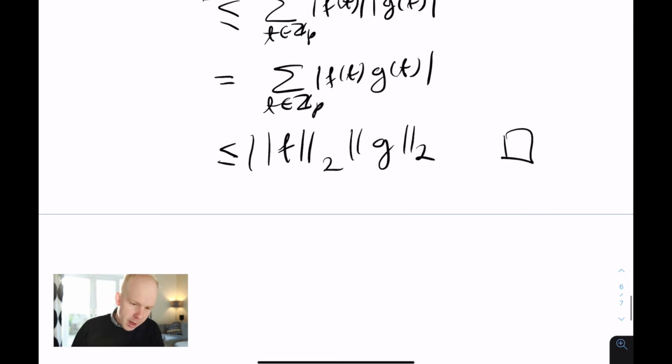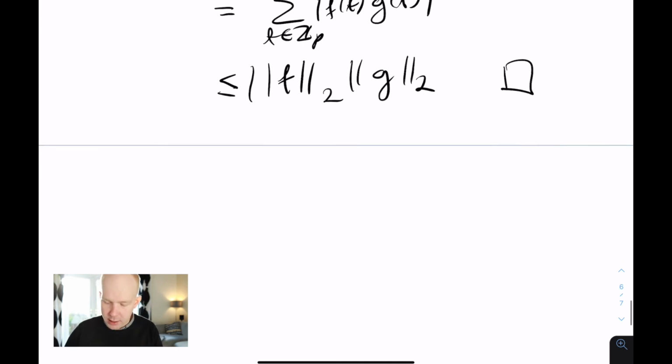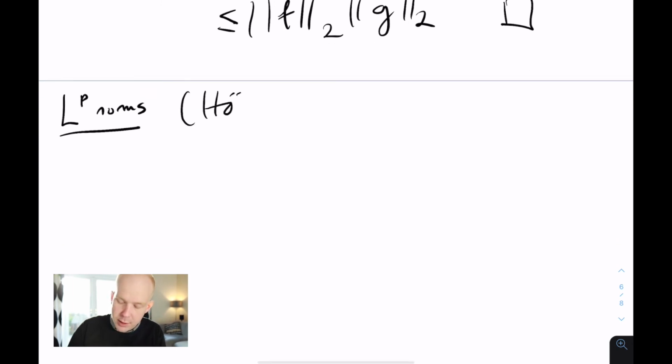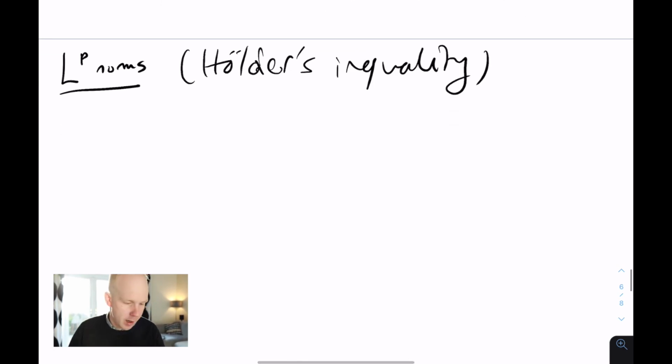But then I want to end this lecture, so this is the last thing on L^p norms, which is called Hölder's inequality. I won't prove it, but it's the same kind of idea that goes into the proof.